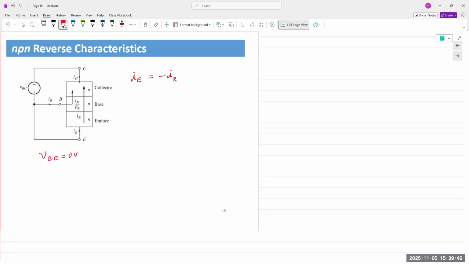We can express IE similar to the previous slide. So IE is IS times e raised to VBC over VT minus 1.